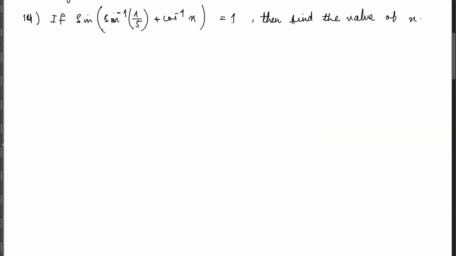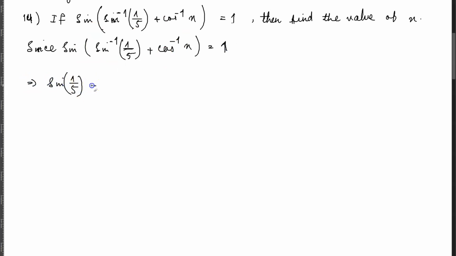The way that you can solve the problem is that they have argued that since the sine of sine inverse of 1/5 plus cos inverse of x is equal to 1, therefore you can say that the sine inverse of 1/5 plus the cos inverse of x is equal to the sine inverse of 1.